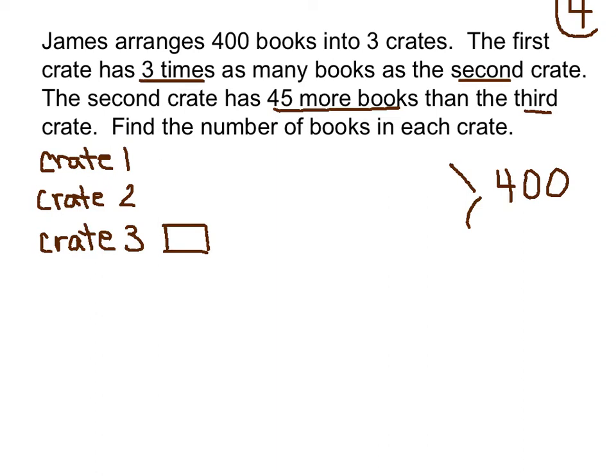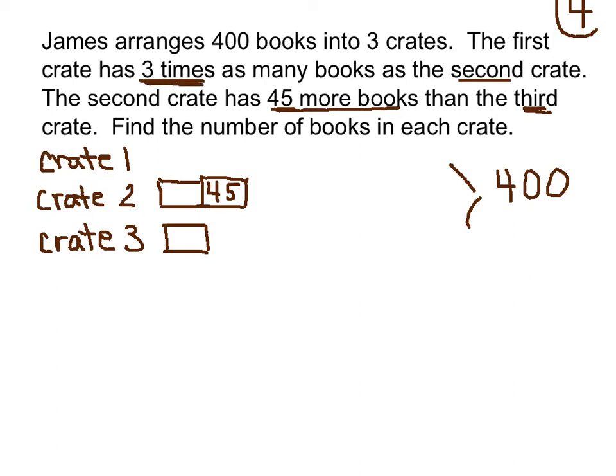So I can't draw the first crate yet. So let's go figure out what's in the second. The second crate has 45 more books than the third. So I give the second crate the same amount that the third crate has, but the second crate has 45 more. Okay, now I can go back and draw in that first crate.